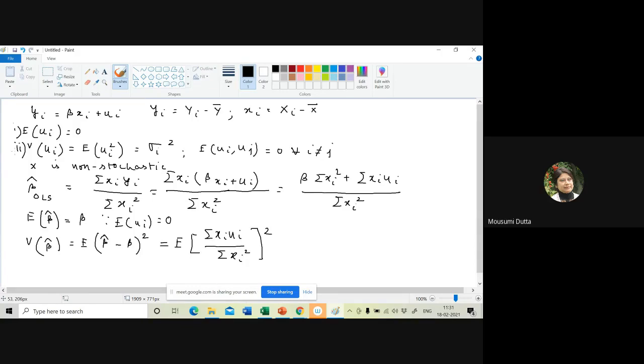Expectation of ui uj, that is the covariance part, is still equal to 0 for all i not equal to j. Here you please write down for all i. And the third assumption is X is non-stochastic.